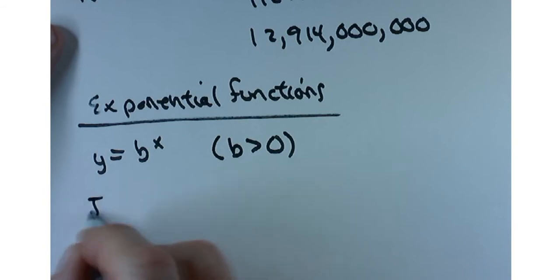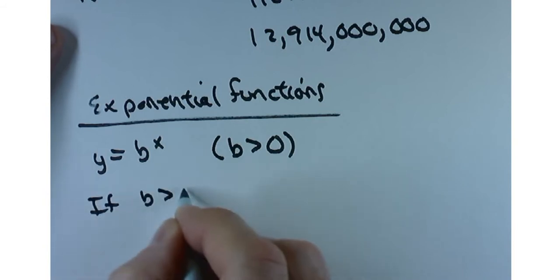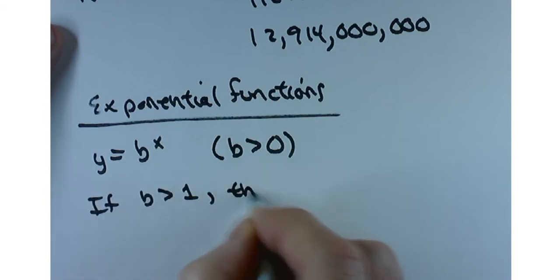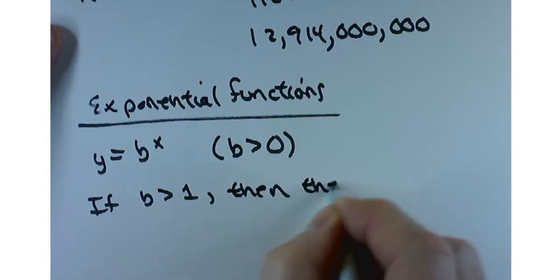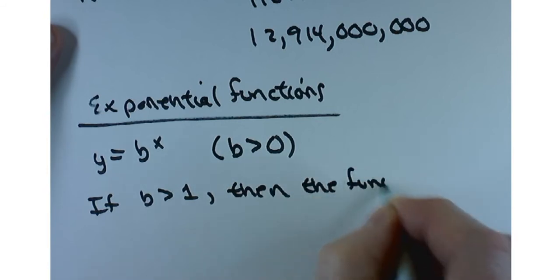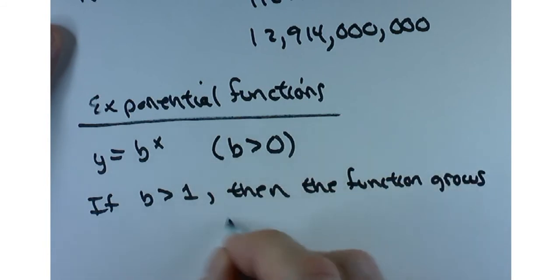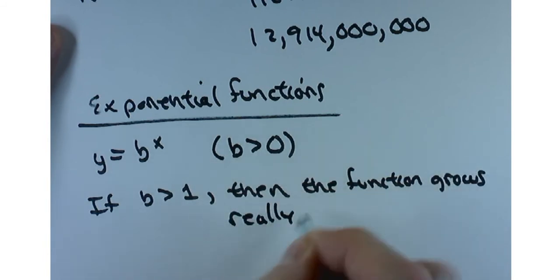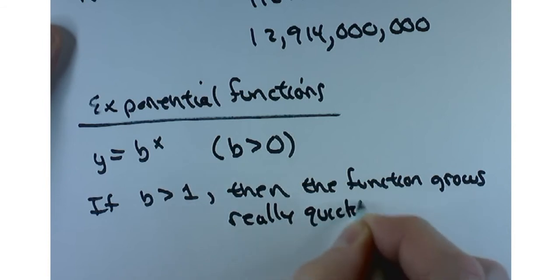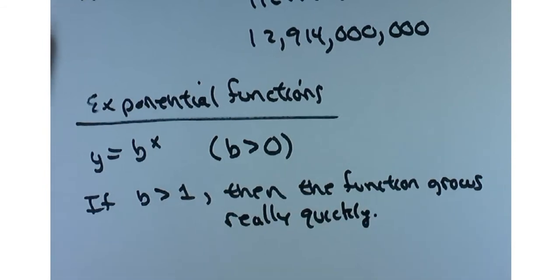If b is greater than 1, then the function grows really quickly. It just takes off. Exponential growth.